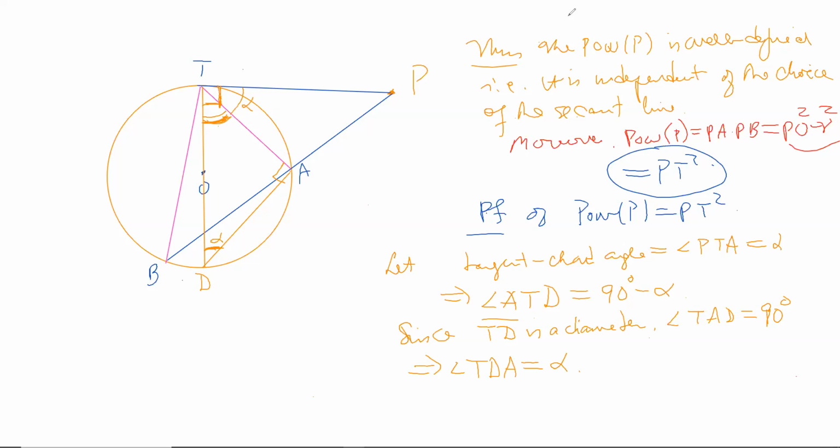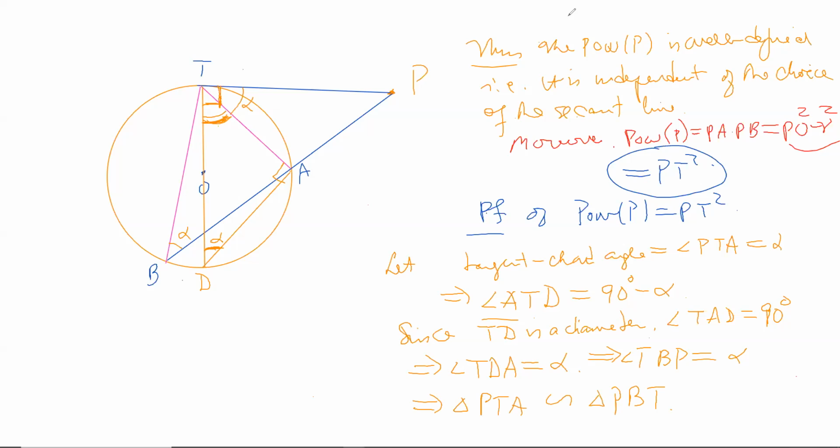But then by the inscribed angle theorem, this angle is also what? Alpha, okay? So this implies that angle TBA, or PBT, is equal to alpha as well. You agree? So this implies the triangle PTA is similar to triangle PBT, agree?